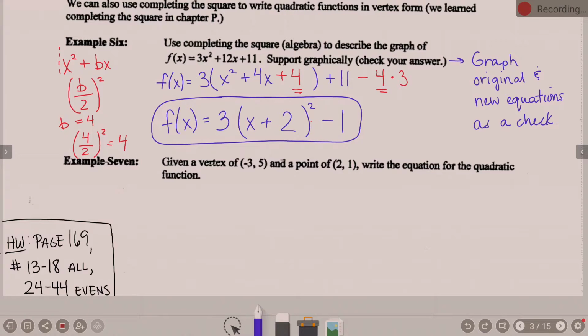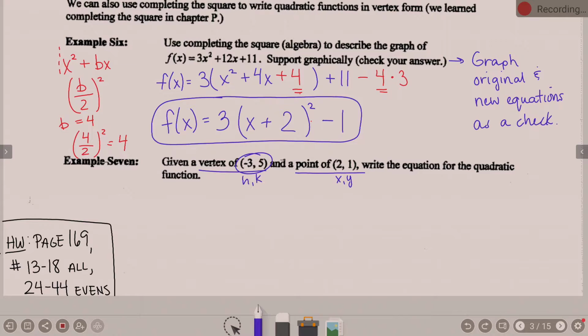If we are given a vertex of negative 3, 5, what are negative 3 and 5 then? H and K. And then a point of 2, 1. Well, a point, an ordered pair, is always represented as what? X and Y.